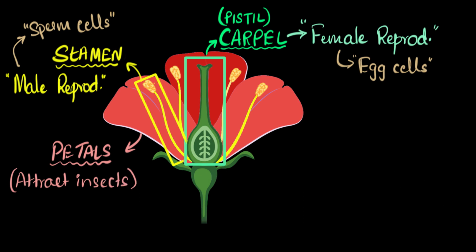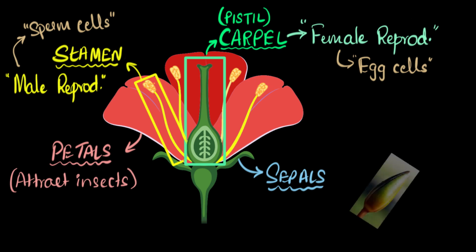And finally, that brings us to the 4th part, the sepals. The sepals play an important role in protecting this flower even before it blossomed. You might know that before the flower blossoms, it's a bud, right? And so what's covering that bud? It's the sepals. It's the sepal that protects the things inside from maybe getting eaten or anything.